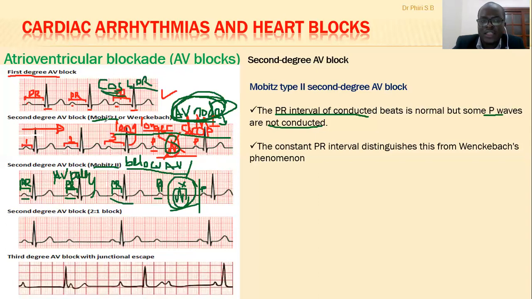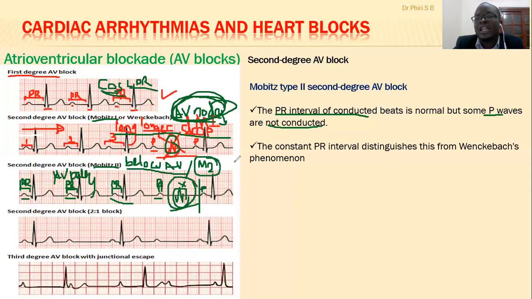So if you have a vagal maneuver, it's going to worsen the situation in type 1. But in type 2, the bundle of His doesn't have those receptors. The M2 receptors are not much there within the bundle of His. So you find that it's not affected by vagal stimulation or vagal maneuver.